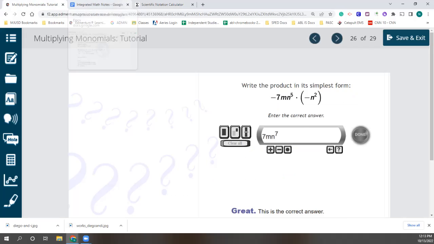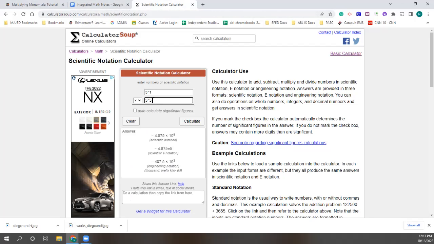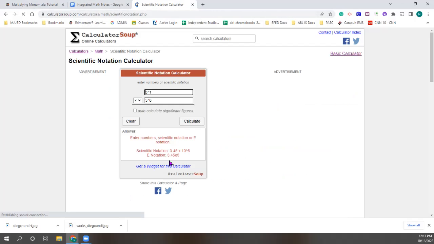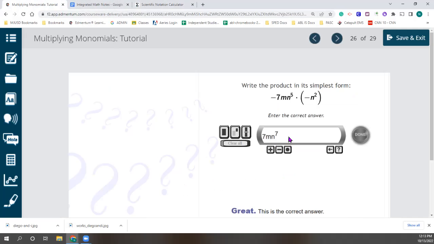Is that right? Oh, 0. Exponent 0. I don't know how we got an exponent 0. Enter. Error. So it's saying an error. I don't know how that works. So let's try to move on. If it's confusing, we'll try to fix it.